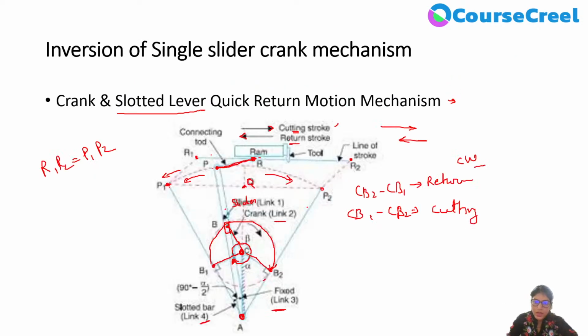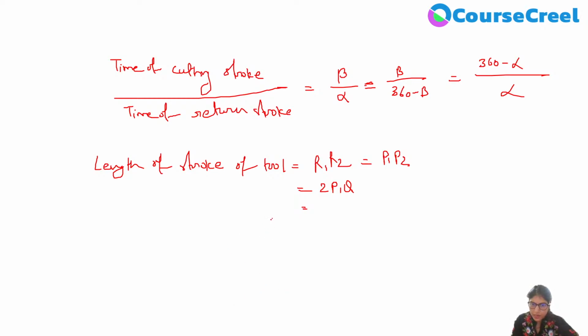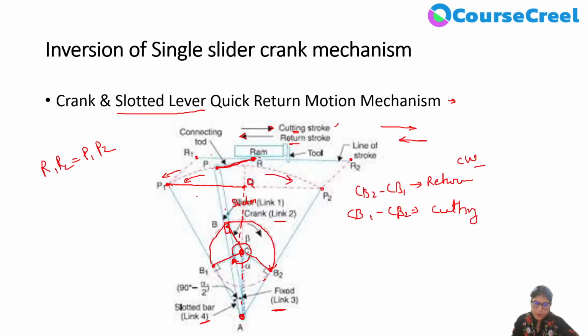Now here P1Q we can consider as one side of the triangle, and this is the triangle we are going to use for the solution, P1QA. Okay, so from triangle P1QA we can define the length of the stroke. So P1Q we can define with the help of the other two lengths or with the help of angle.